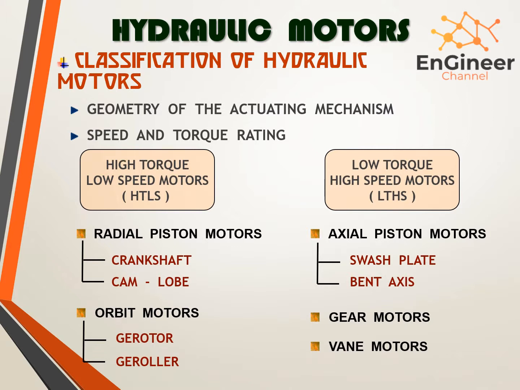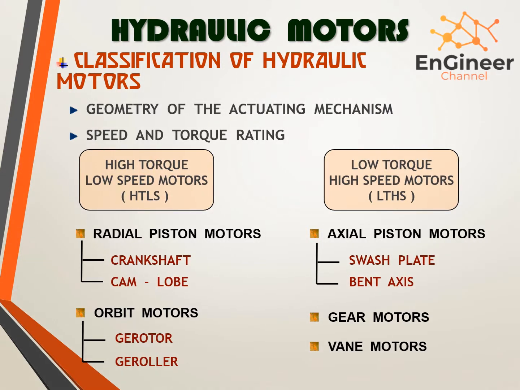High torque, low speed motors, which are of two types: the radial piston motors and the orbit motor. And we have the low torque, high speed motors, which are of three types: axial piston motors, gear motors, and vane motors.